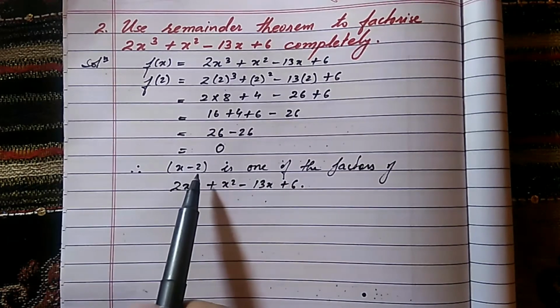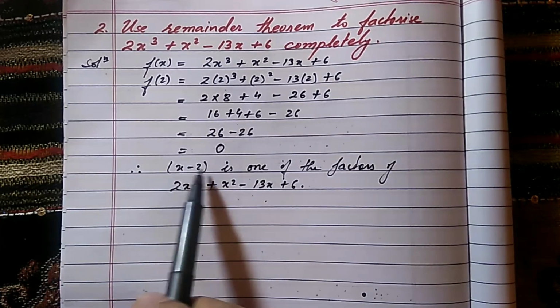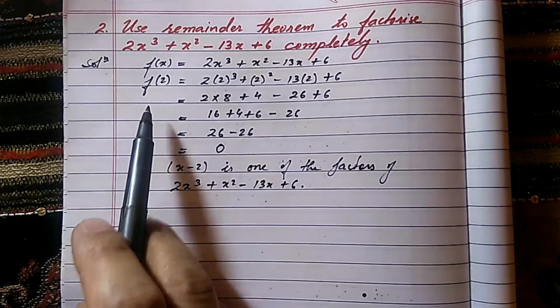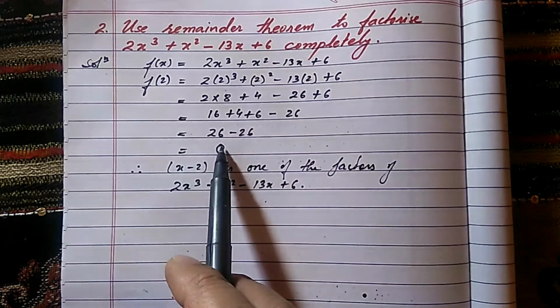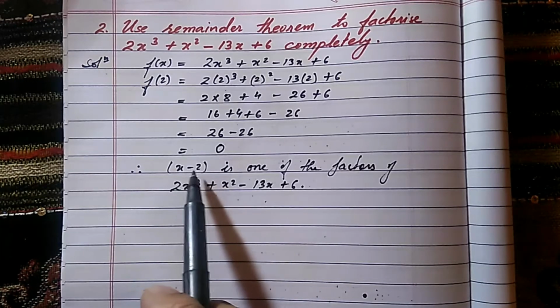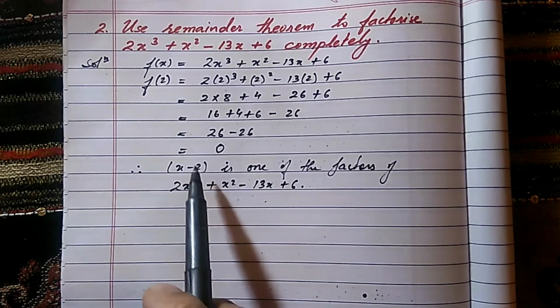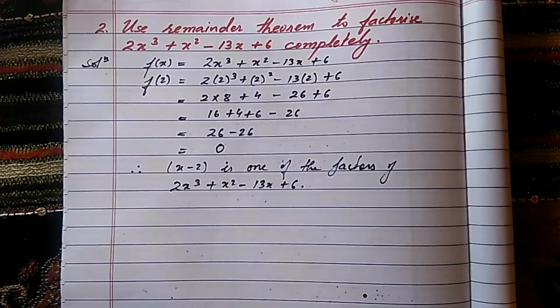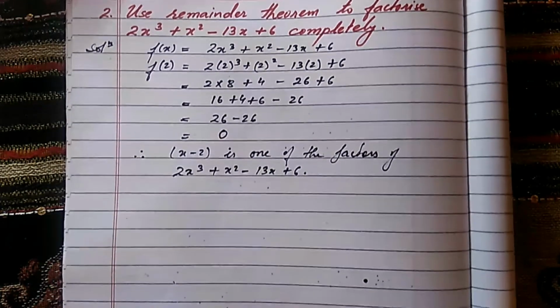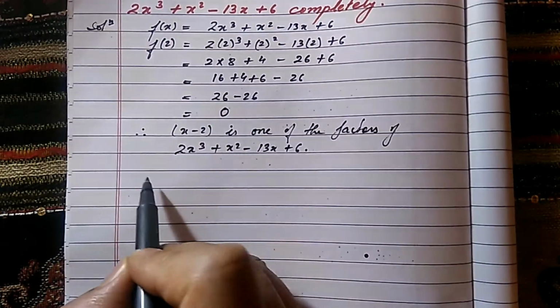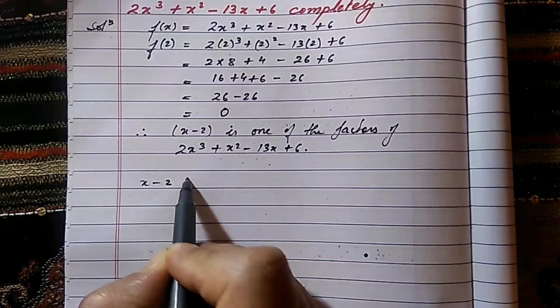Remember the factor theorem? If you had x minus 2, then to find the remainder we put in f(x) the value of 2, and if it comes 0, then this is one of the factors. So here we are just doing it in reverse. So now we know what is g(x). Now to completely factorize this one, again we divide the polynomial by x minus 2.